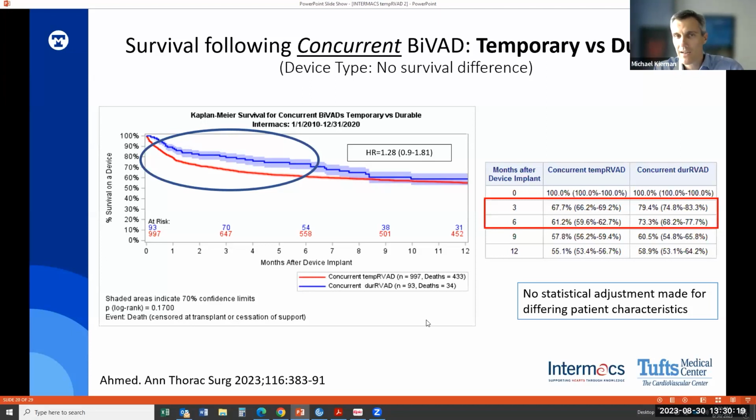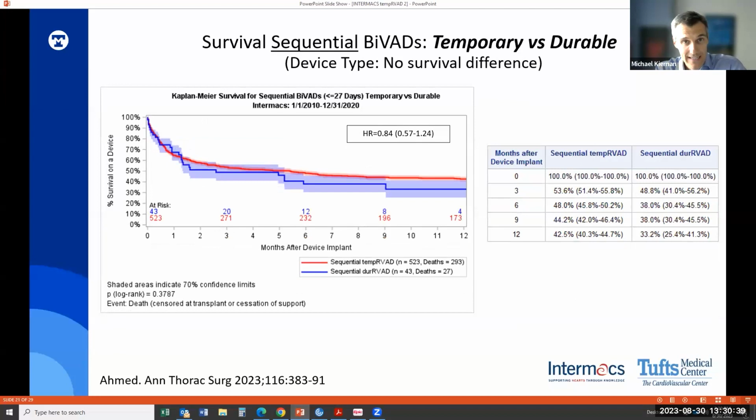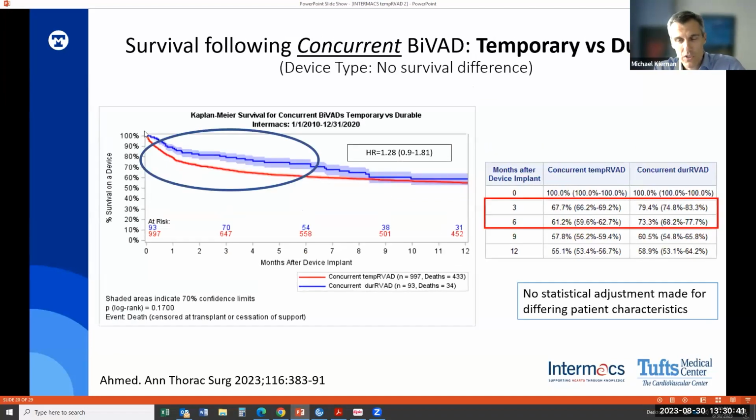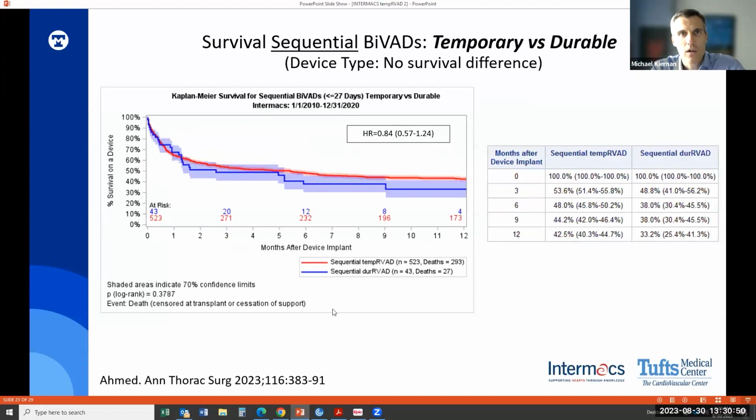So no statistical modeling was done to account for those differences. But regardless, it looks like outcomes are pretty comparable, whether it's a temporary versus durable device. That may just be driven by operator experience and institutional experience. Understanding again that the numbers for durable overall are pretty small, it's hard to say that there's anything meaningful, even in that early separation of those curves.